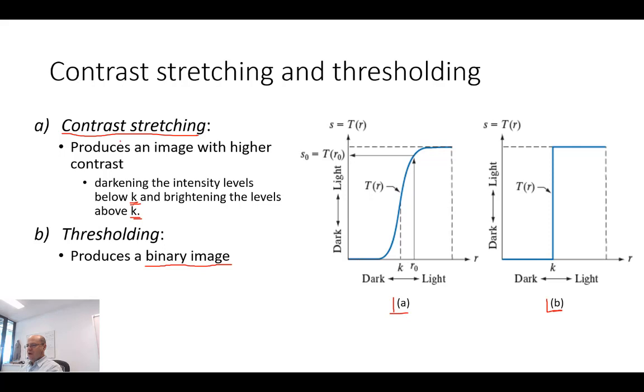Let's understand contrast stretching. On the x coordinate are the pixel intensities of the original image. Each intensity value of the original image is going to be mapped, using this function here, to an intensity value on the output image.